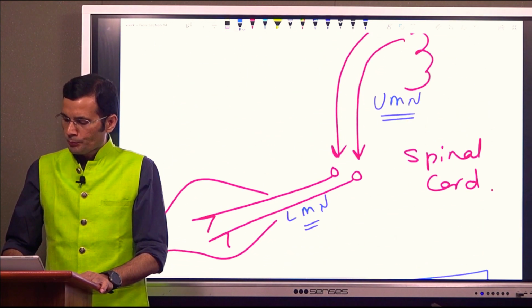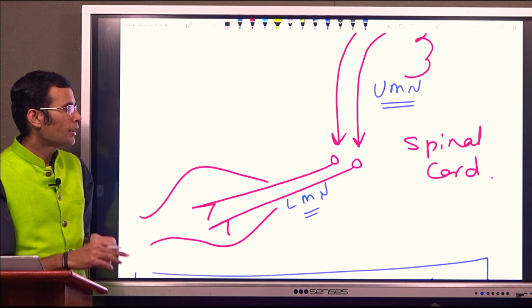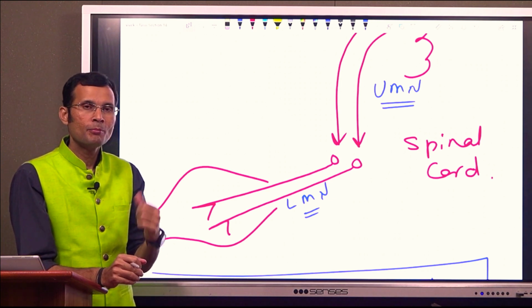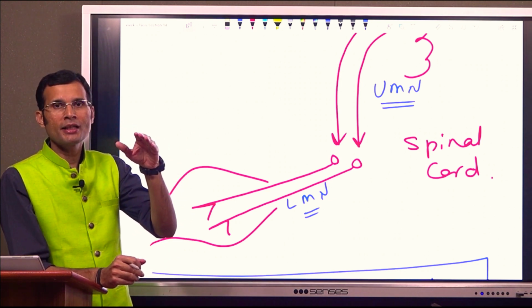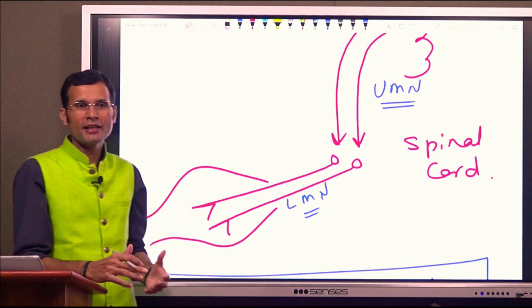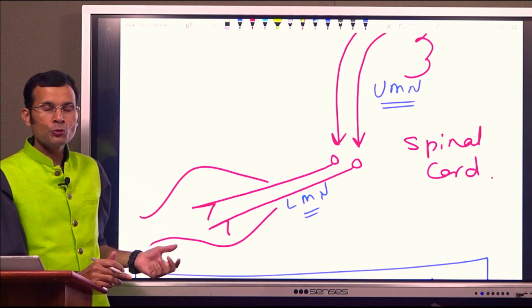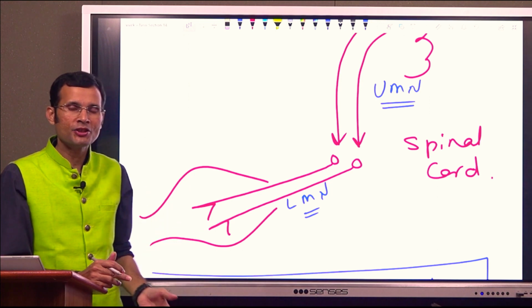Now, just to have an analogy, if I stay with my family, I am the lower motor neuron and my parents are the upper motor neuron. I am taking this as a simplistic analogy to understand how this functioning happens and what happens in the lesion.